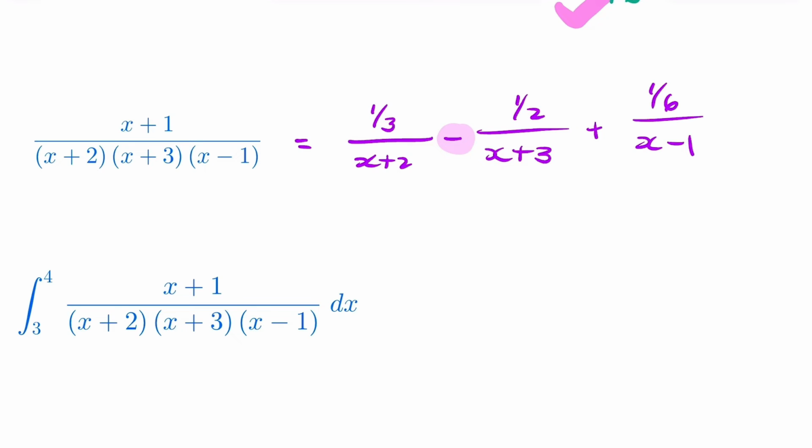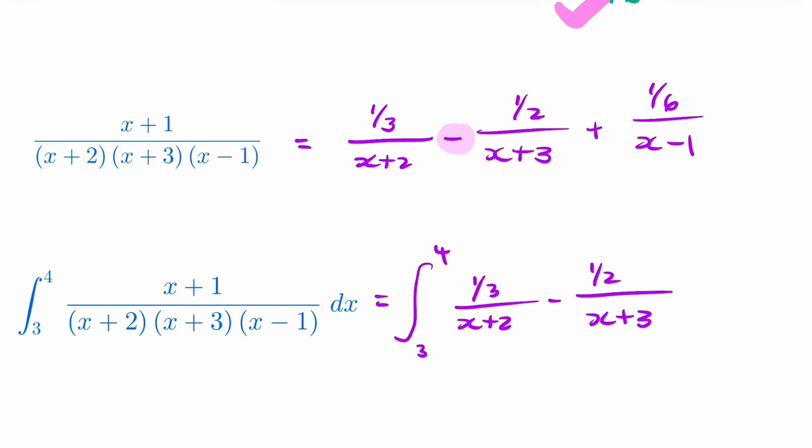So I can now rewrite my integration as the integration from 3 to 4 of 1 over 3 divided by x plus 2 minus 1 over 2 over x plus 3 plus 1 over 6 over x minus 1.